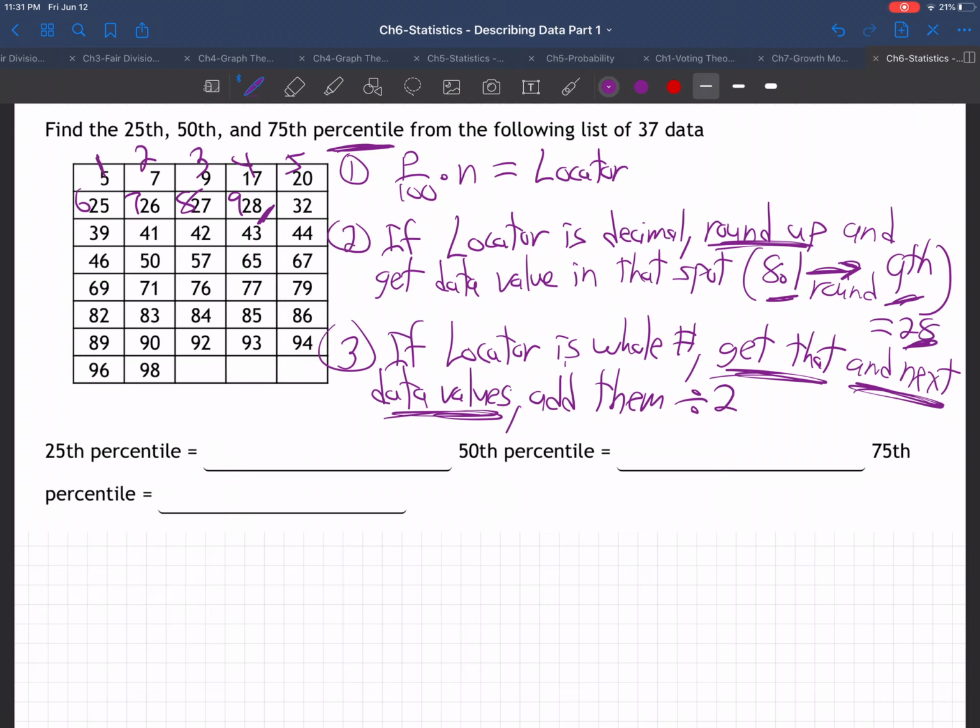In other words, find the average of them. So in that case, let's do our case now.